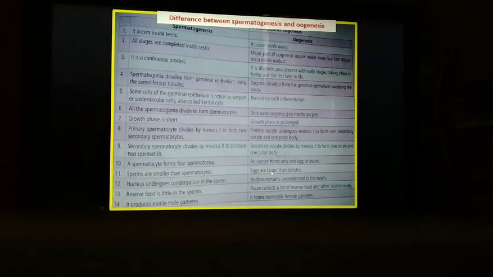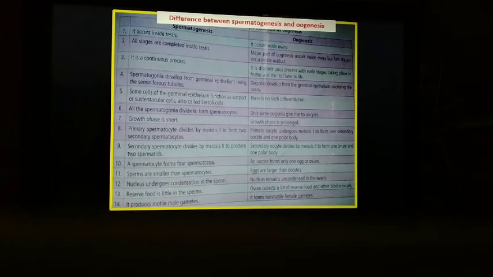Here you can see this is the perivitelline space where polar bodies are located. So the ovum has two coverings, that is, two layers: the zona pellucida, which is non-cellular, and the other is the corona radiata, which is multicellular. So the corona radiata is a multicellular layer, whereas the zona pellucida is a non-cellular layer of the ovum.